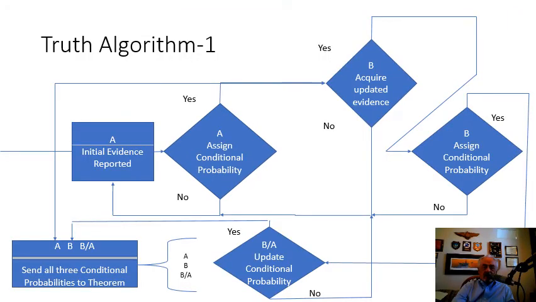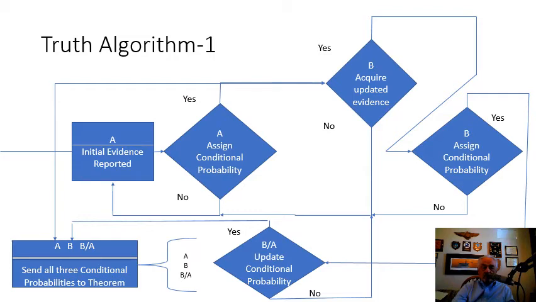Here we have a flow chart. We can look at the initial evidence as well as assigning a conditional probability to evidence A, going on and acquiring evidence B a bit later in time, and then we assign a conditional probability to evidence B, and then we ultimately consider B and A together, and then finally we are looking for what is the impact of A, B, and B given A on the total picture.